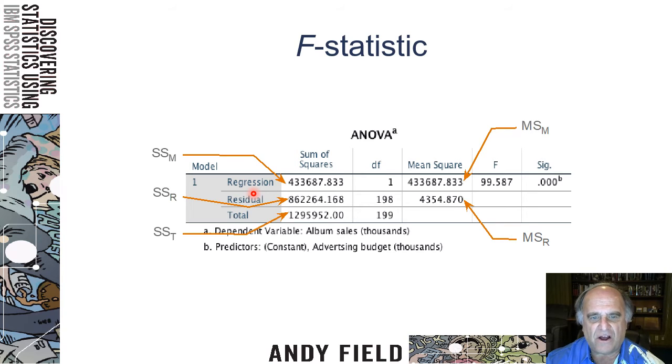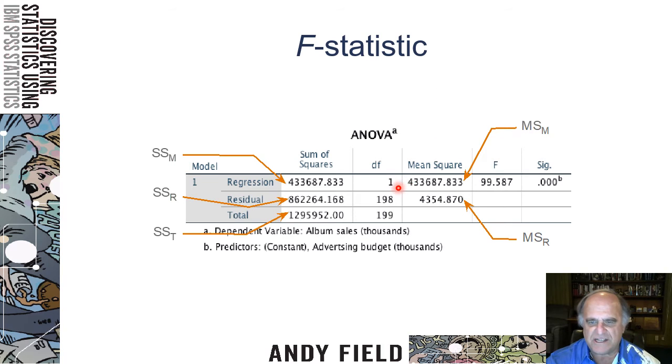He called this SSM, so there's our sum of squares for SSM. We then get our sum of squares for error, or some people call it residual, and Field labeled that SSR. And then we get our total sum of squares, and that's SST.